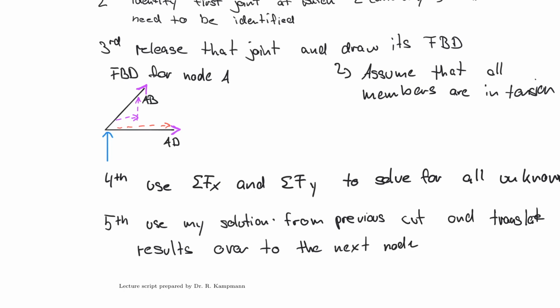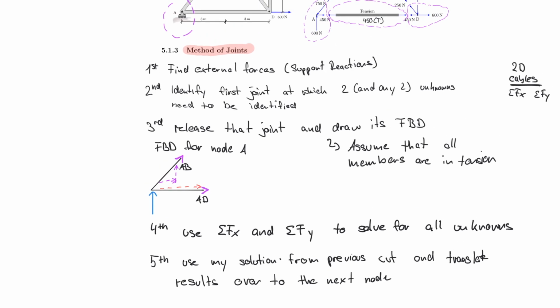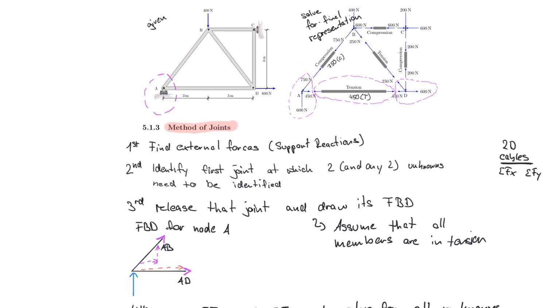So I'm going to do that conceptually as well. So let's say I calculated AB. Let's take a look at the structure again. So let's say I calculated AB and I already know that I must flip this arrow around. So that means that I know what's going on here at AB, but AB is also acting at this node, so I can translate that result over to node B.